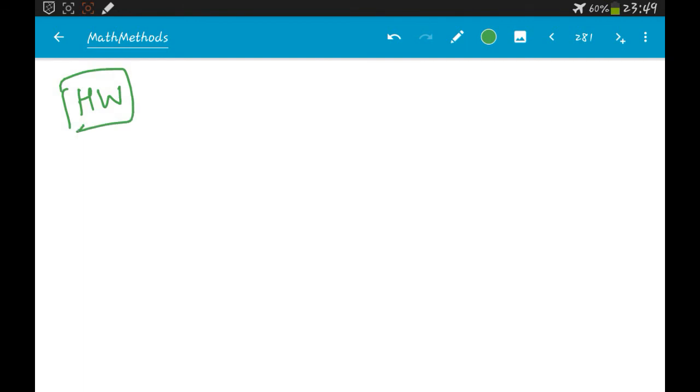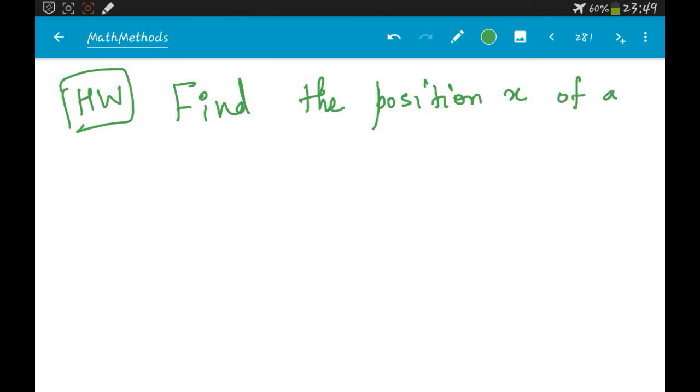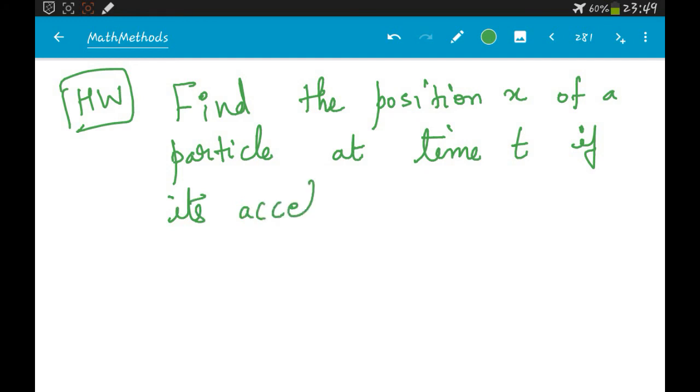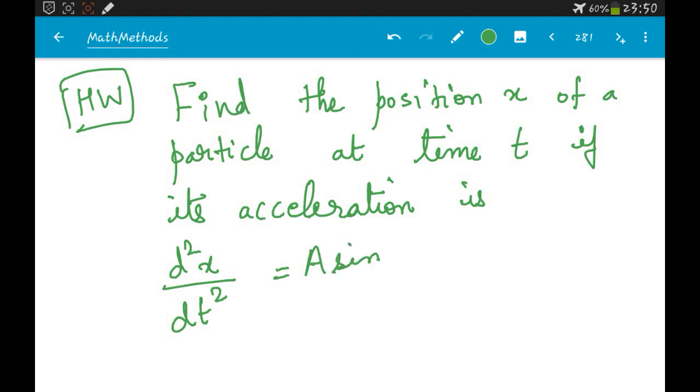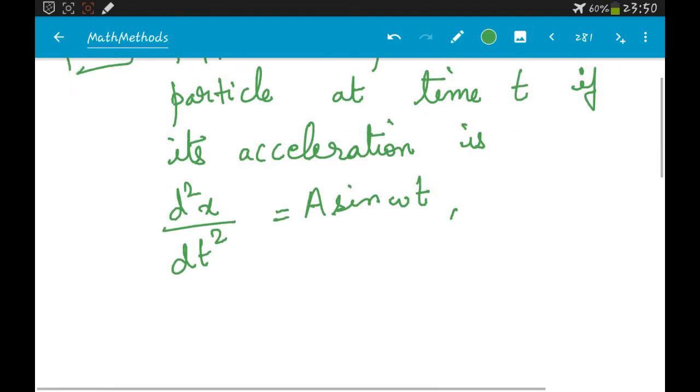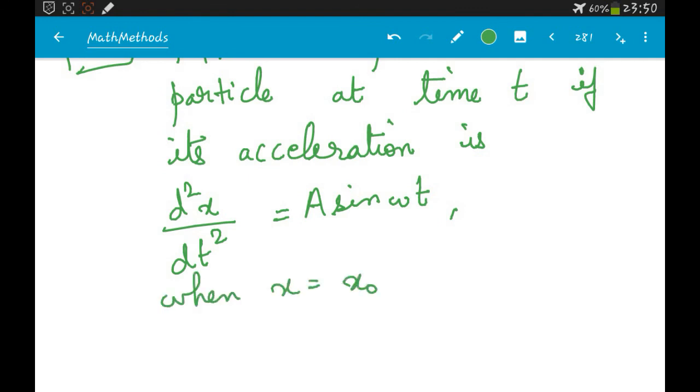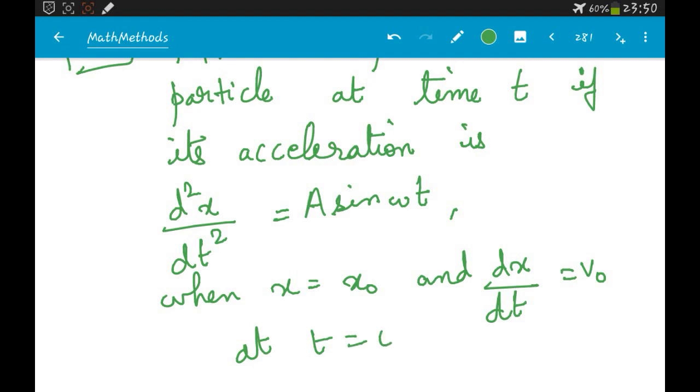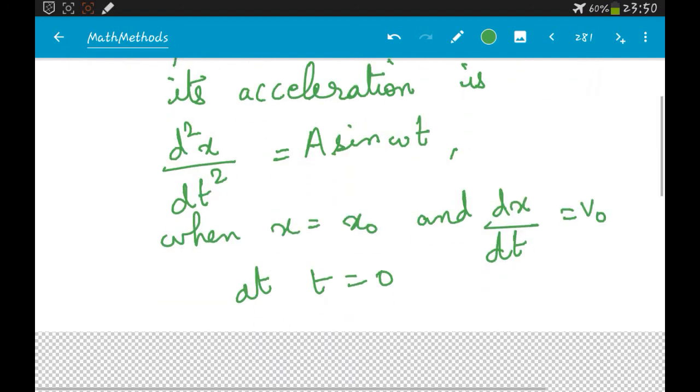So the first problem is: find the position x of a particle at time t if its acceleration d square x by dt square is equal to a sine omega t, when x is x0 and dx by dt is equal to v0 at t equal to 0. So this is the problem given to you.